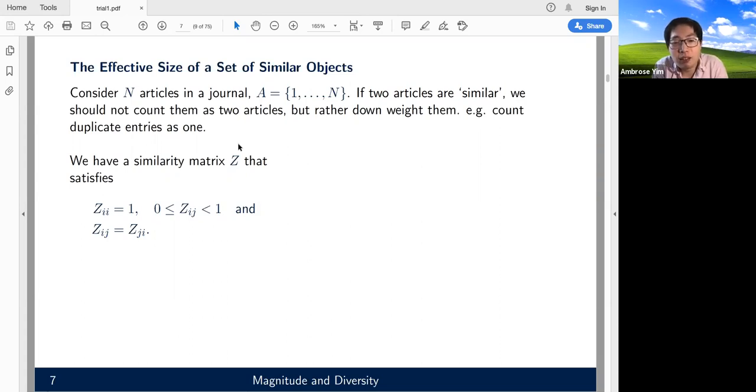And for articles that are distinct, their similarity is between 0 and 1. And we have this symmetric relation, which means that each article views the other article as similar as the other article views it, which is Zij equals Zji. So the indices i, j here refer to the article index.